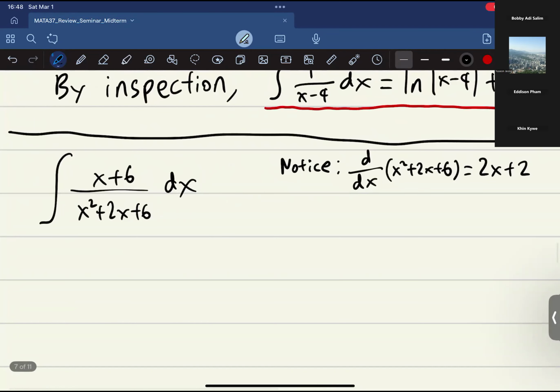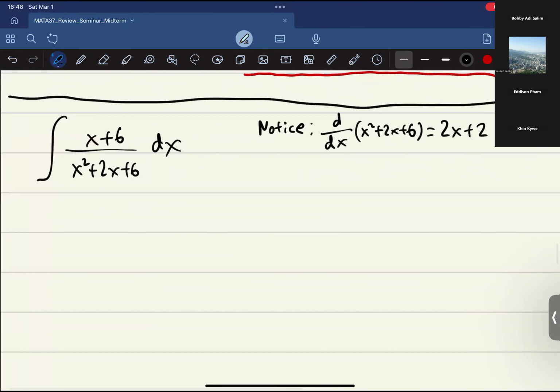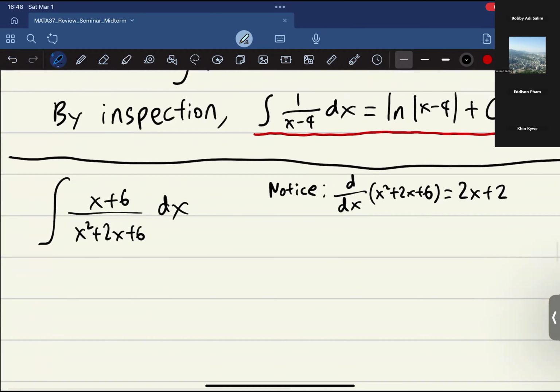So the numerator is a linear term, and the derivative of the denominator is also a linear term. So there might be some way to cancel them out, to do a u-sub. But the problem here is that you cannot cancel x plus 6 and 2x plus 2 because they do not only differ by a constant factor.